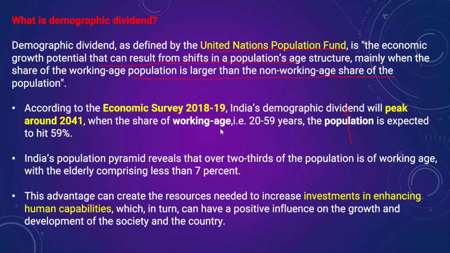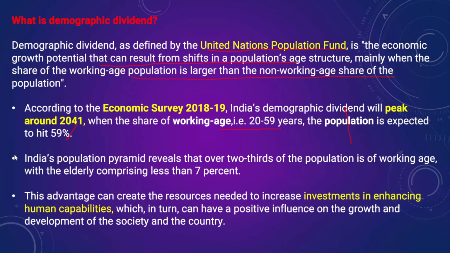The working age population of 20 to 59 years is expected to hit 59%. So this means the total working age population is around 59% of the total population. I hope you understood what demographic dividend is.